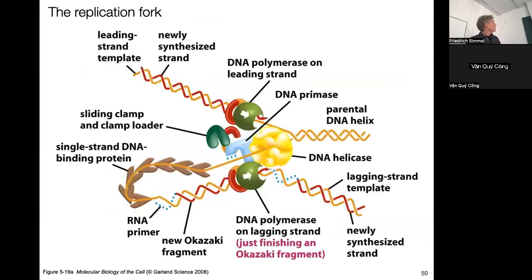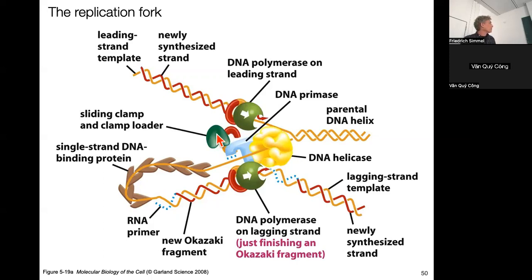And now if you put everything together, you get this super complicated replication fork structure, where the helicase first unwinds the DNA double helix. The DNA polymerase can synthesize easily on the leading strand. This little sequence here, that's called the clamp, and this also improves the processivity of polymerization.